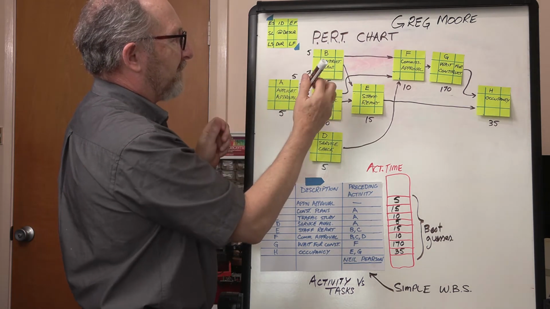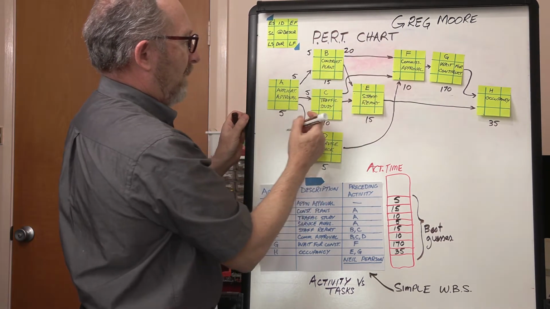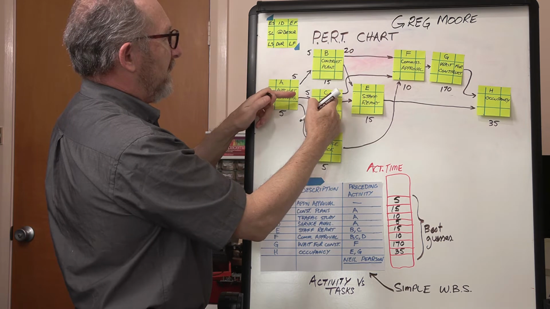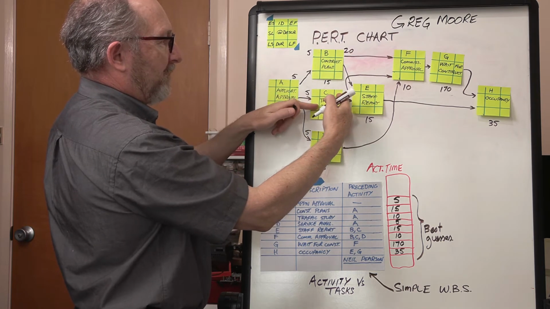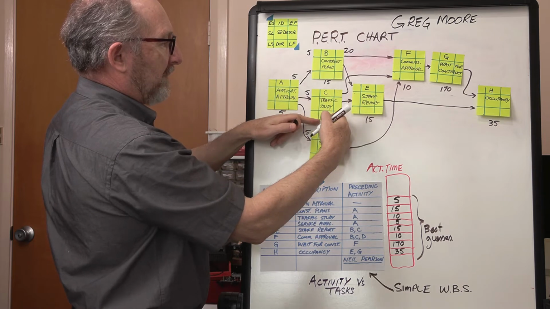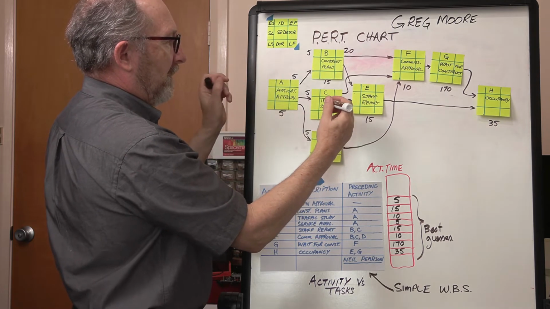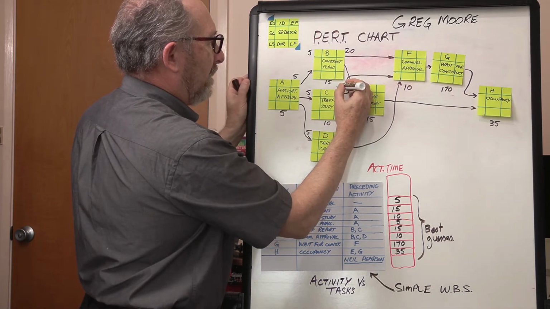So 5 plus 15 is 20. Again, the earliest finish time for the traffic study will be the early start plus the duration, which will be 15.